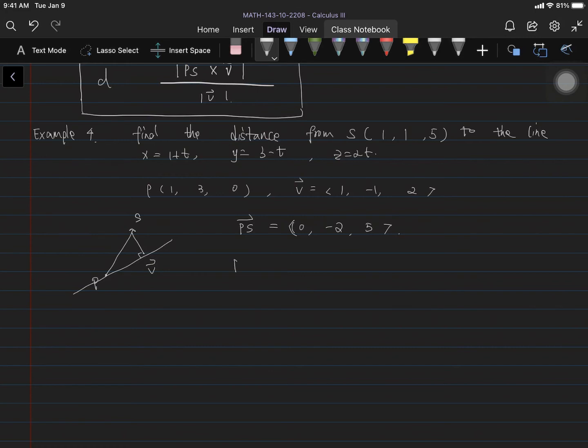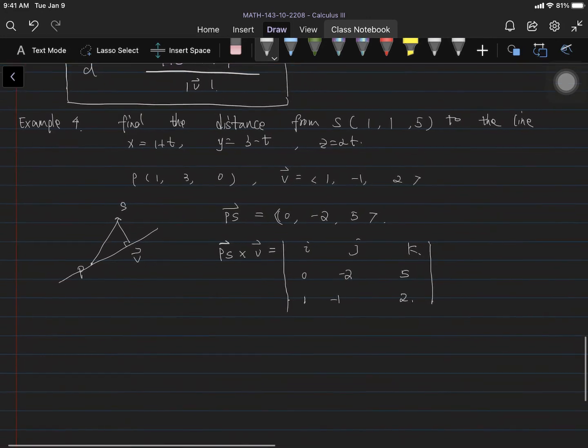Next step, we want to find the cross product of PS and V. The order doesn't matter. You can also do V cross PS, because later we just need the length, the magnitude, right? So it doesn't matter which one goes first. For the cross product calculation, i, j, k in the first row, PS in the second row, V vector in the third row.